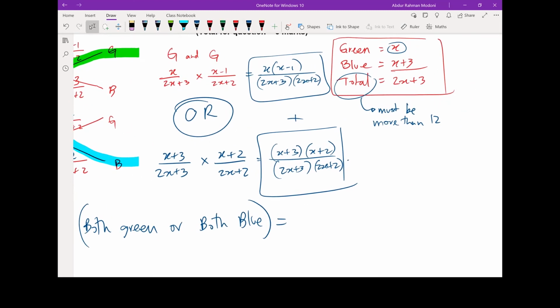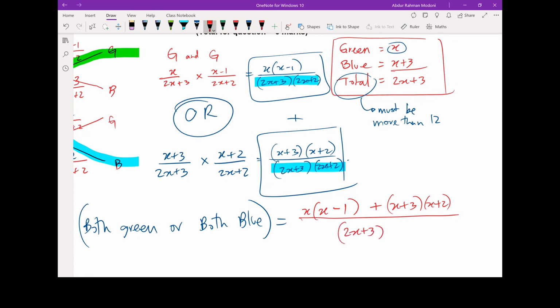Now, when we're adding any fraction, be it algebraic or just numeric, the denominator must be the same. And as we can see here, the denominators on both of these are exactly the same. So when the denominators are the same, it's essentially looking at the numerators, which is x minus 1 plus x plus 3, x plus 2, all over x minus 1, all over that common denominator, which we keep the same.